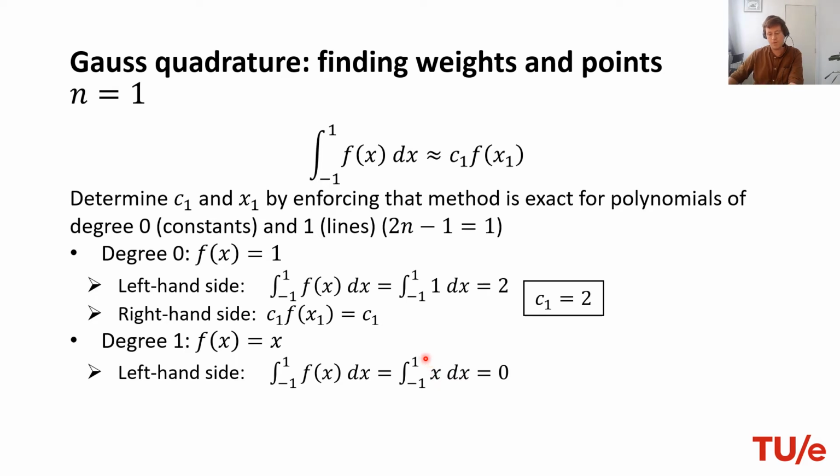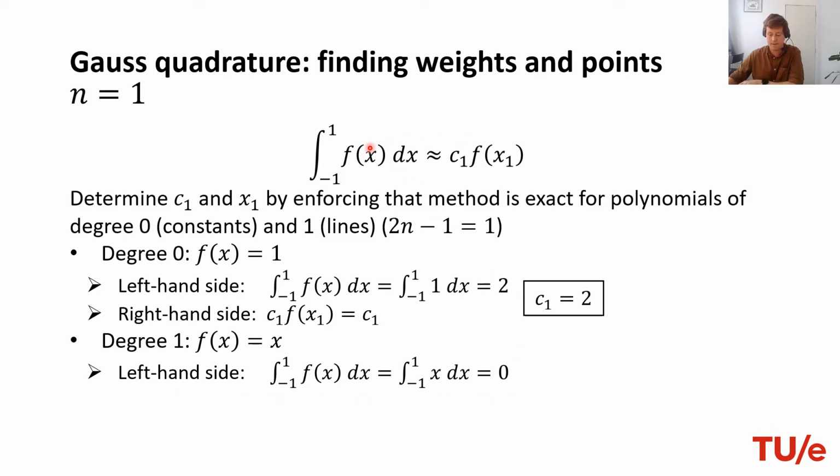And x squared over 2 evaluated at 1 and -1 is the same, so this is 0. It's also because x is an odd function. Its integral over an equal integration interval from -1 to 1 will always be 0. Okay, so the left-hand side is 0.